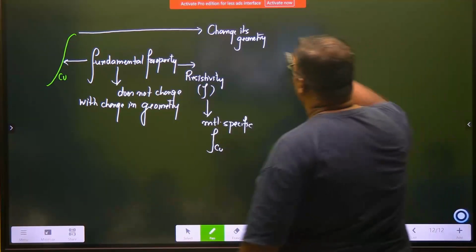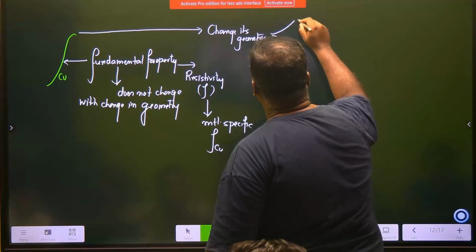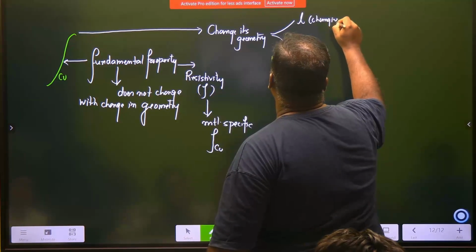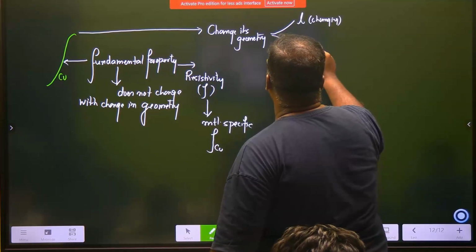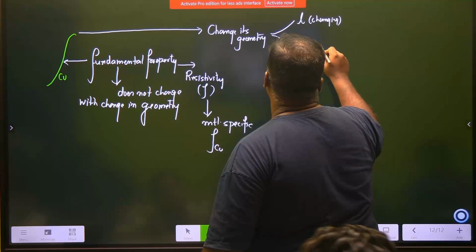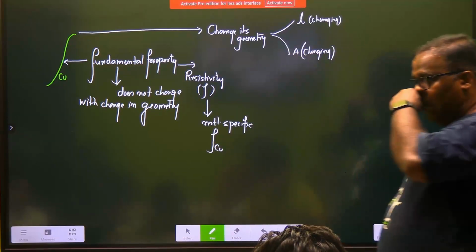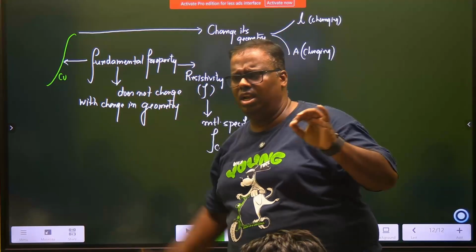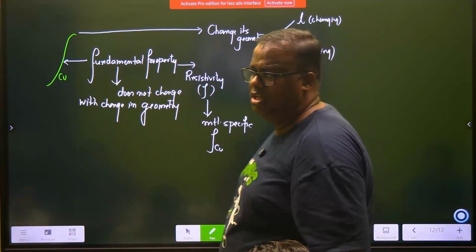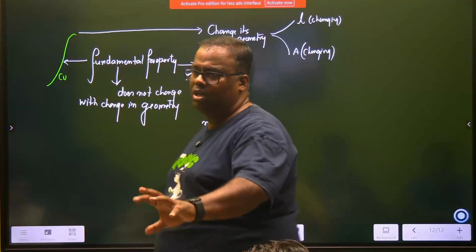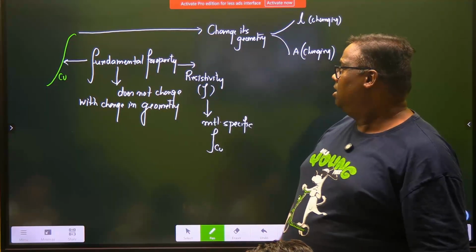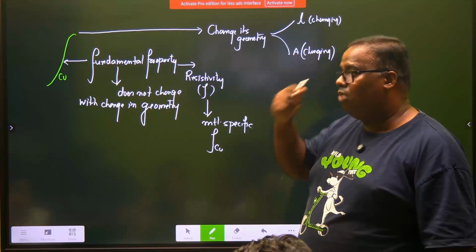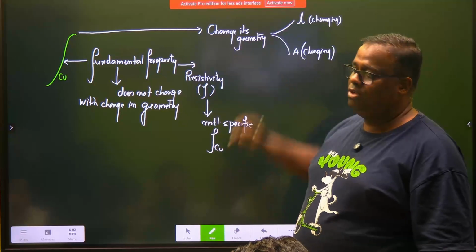So in layman's language, if I'm changing the geometry, I am changing length, and I am changing the cross-sectional area. Try and understand. I gave a piece of wire, similar wire, meaning same cross-sectional area and length, to these three boys. One fellow turned it, one fellow curled it, one fellow twisted it. With their three acts, they could not change something which is called resistivity. Now what they have done, they have tried to play with geometry.